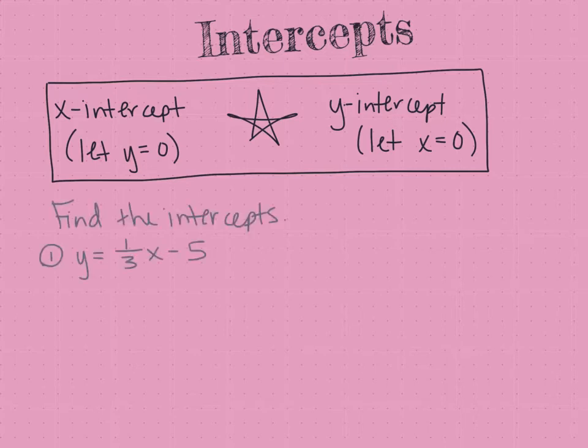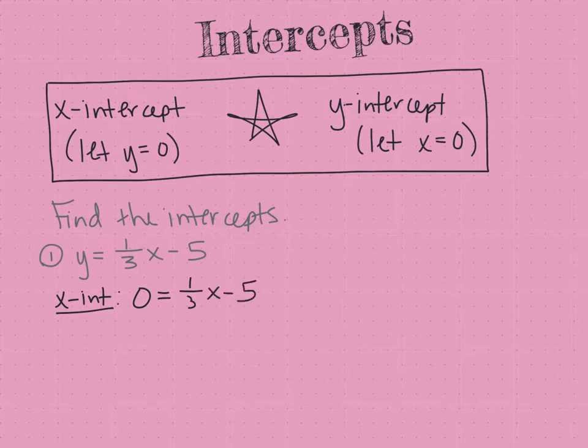This first example is a linear equation or a linear function, and this could also say f of x. I just wrote it as y. So if we want to find the intercepts, which we know there's going to be one of each since it's just a line, y equals mx plus b, we are going to just do this algebraically. So to find the x-intercept, we're going to let y equal 0. So we're going to have 0 equals 1/3 x minus 5.